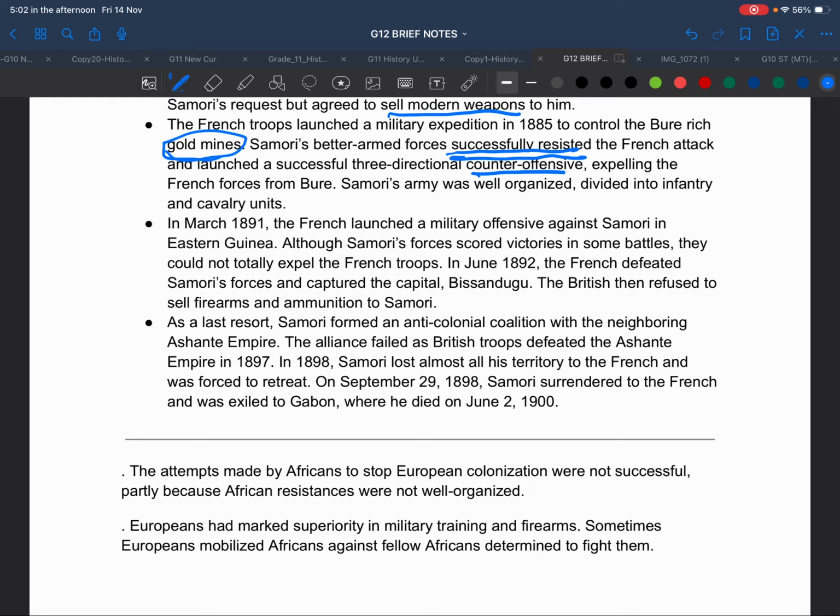He reacted to the French offensive, expelling the French force from Bure, the gold mine. Samory's army was well organized, divided into infantry, meaning ground army, and cavalry units, meaning horsebacks.